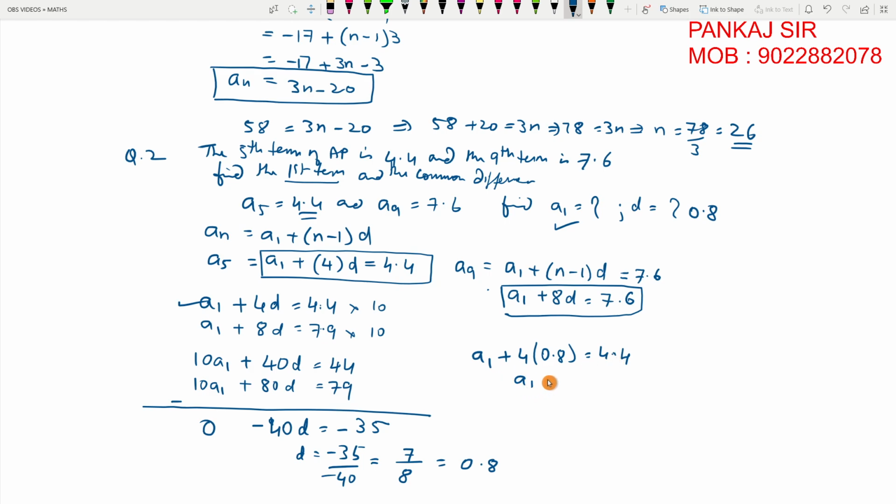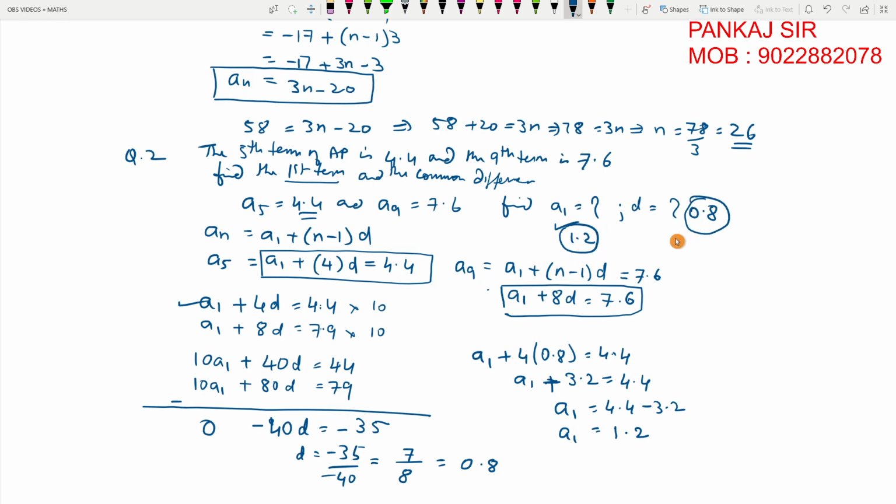So a1 plus 0.8 times 4 will be 3.2, equals 4.4. So my a1 will be equal to 4.4 minus 3.2, which is equal to 1.2. So I'm getting the answer for a1 as 1.2.